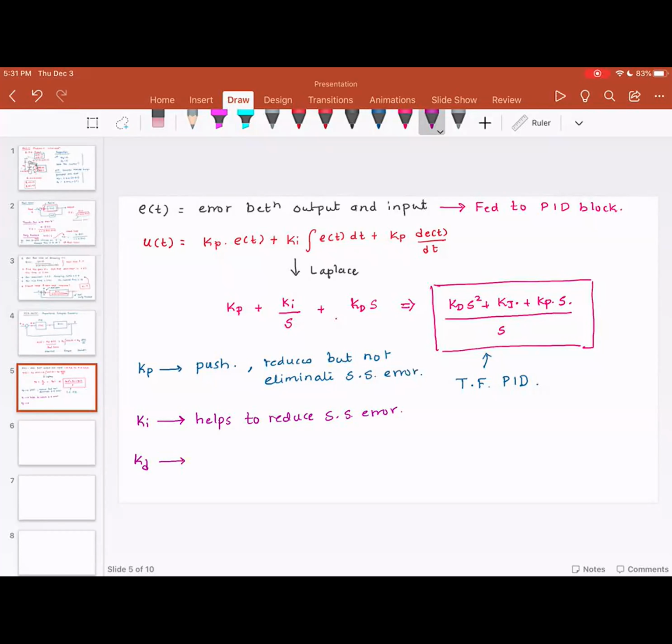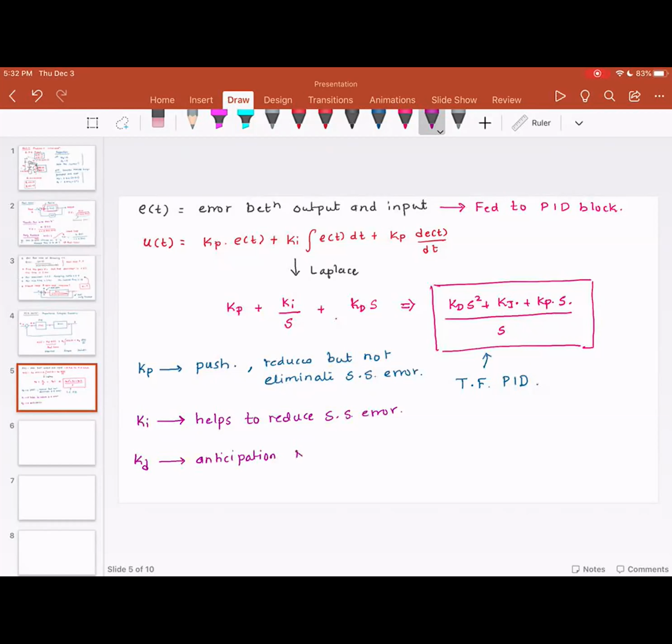So it tells us whether the error is increasing or whether the error is decreasing. So basically, this actually sort of anticipates the error. And this is something that is important. So it is sort of an anticipatory term, anticipation.